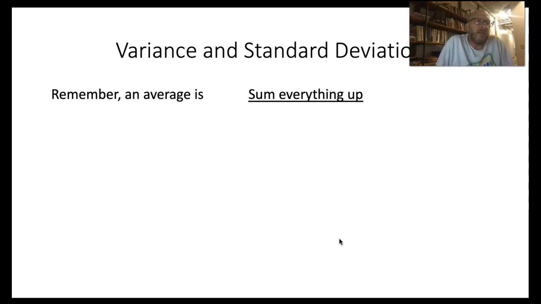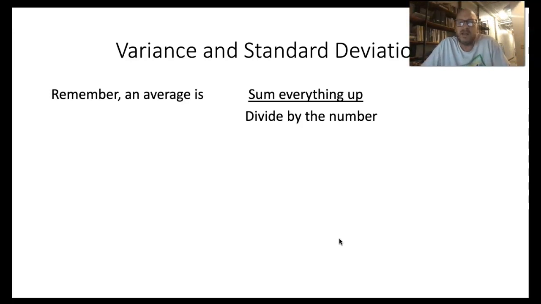And if you remember what an average is, you just add everything up and then you divide by the number. So if there are 10 people in a sample, you add up all of their scores, you divide by 10. That's kind of what variance and standard deviation do, except instead of doing that with the basic scores, it's doing that with variability.